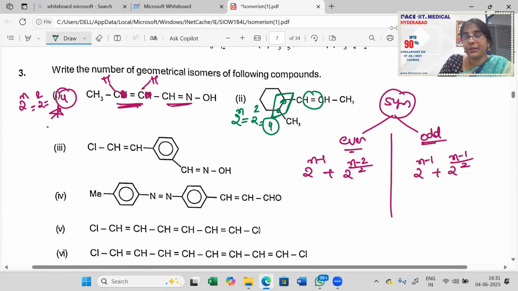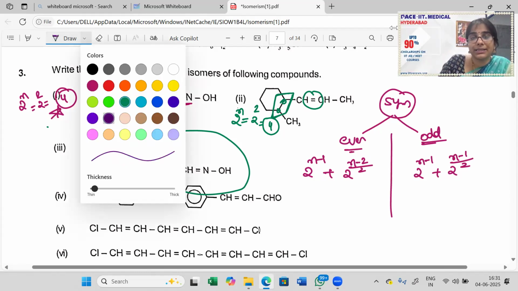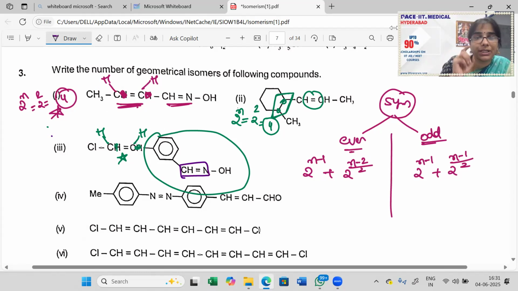Next, for option 3, how many do I see? Here definitely one stereo center. I can see carbon to double bond carbon, and this is hydrogen there. Left side it is fine. Right side also, if I put hydrogen there and consider all this group as one. So yes, there is one stereo center there. Another stereo center I can see in carbon double bond nitrogen.